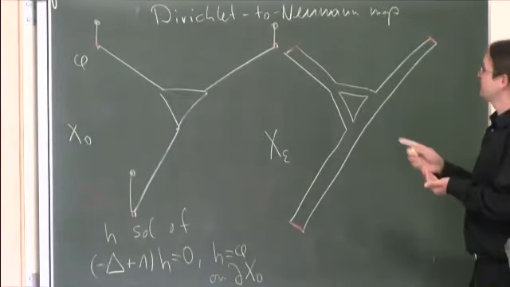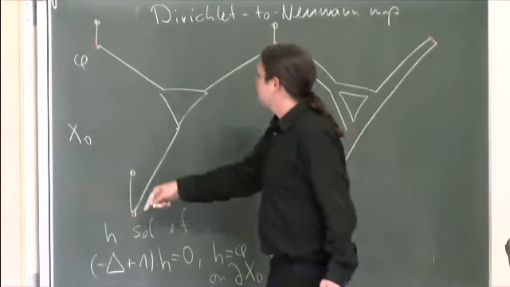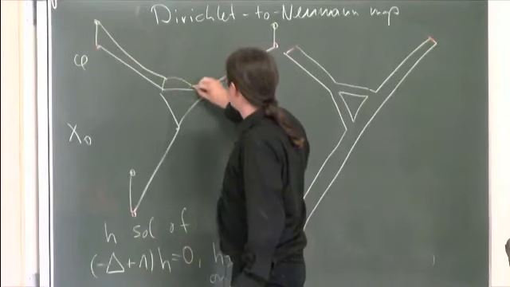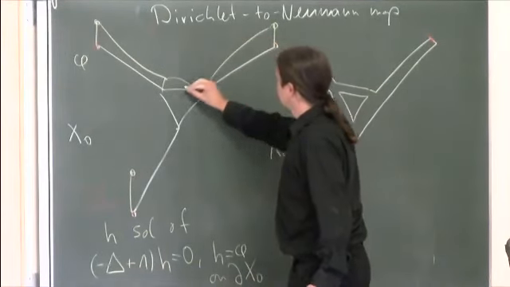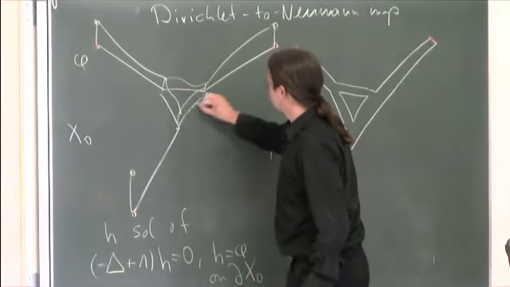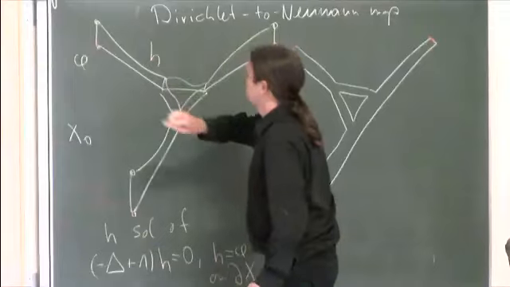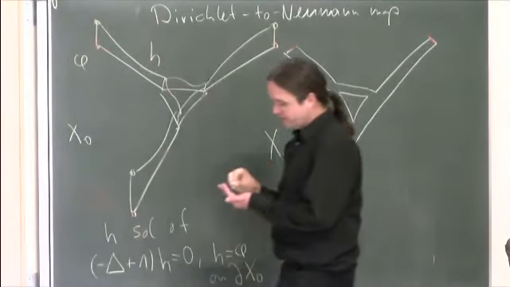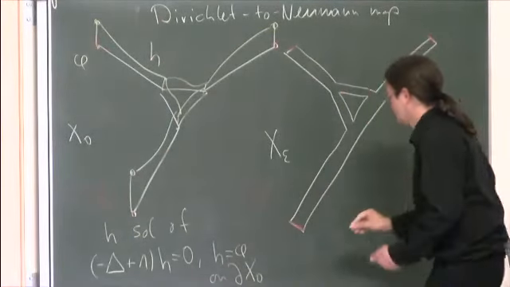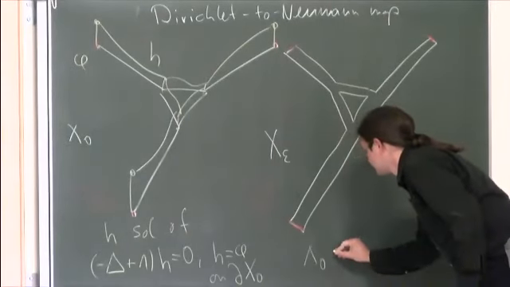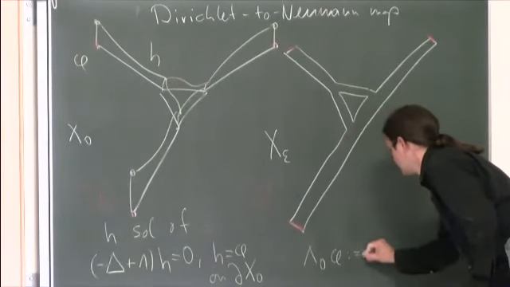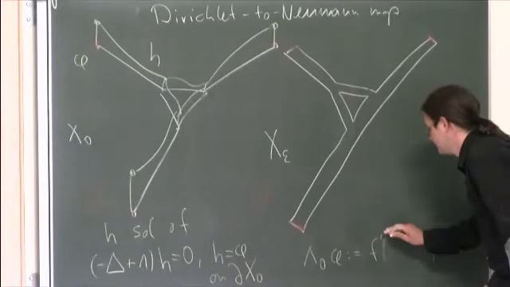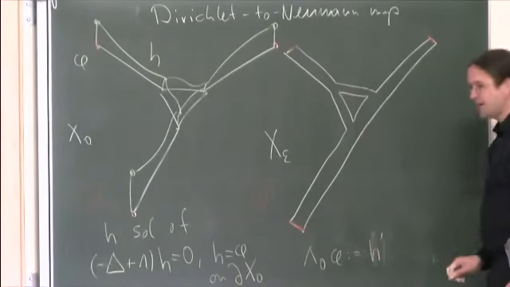So actually, if I draw a picture, I fix the values here and then I solve, and I get functions which, whatever they're doing here, have to fulfill Kirchhoff inside here, my function h. And then I take the derivatives here. So lambda 0 of phi is now the derivative of h at the boundary.